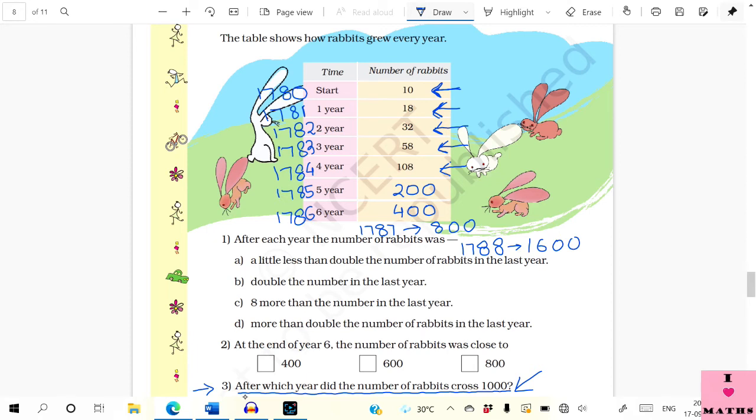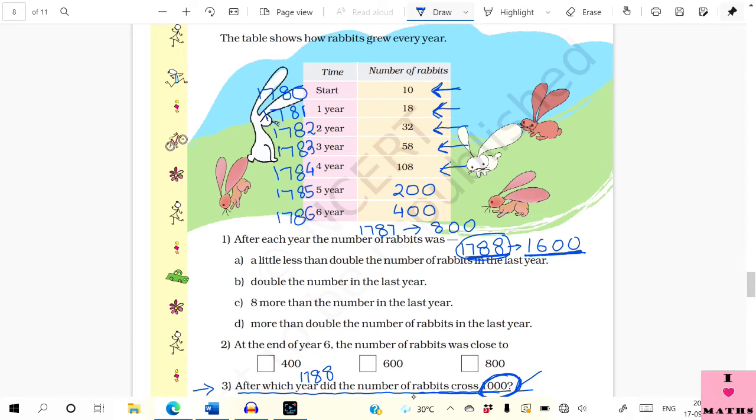It means 1788 is the year when the rabbits will cross the 1000 mark, because by the end of 1788 we will have slightly less than 1600 rabbits.